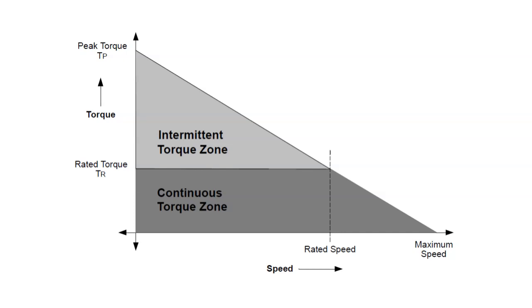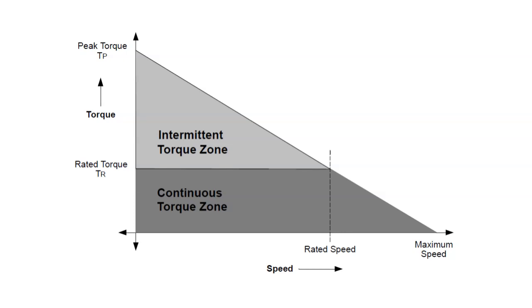Actually, DC motor and BLDC motor have nearly the same characteristics. The important characteristic here is the torque speed characteristic. In this figure, you can see an example of a torque speed characteristic. There are two torque parameters used to define a BLDC motor. One of them is peak torque, and the next one is rated torque.